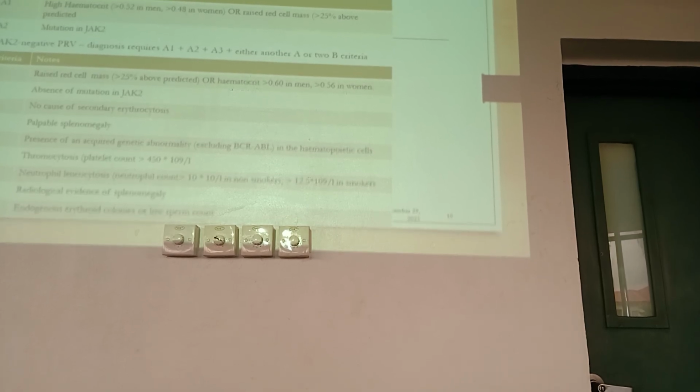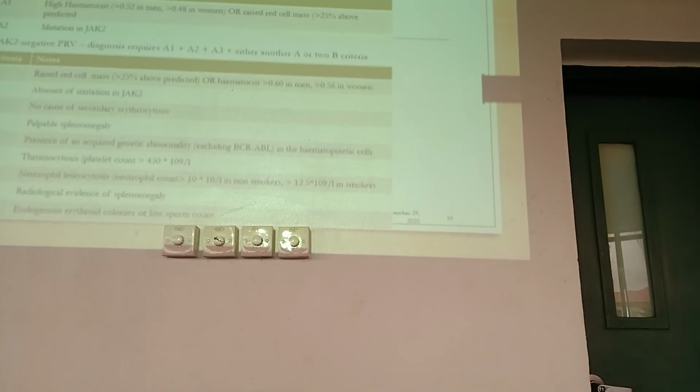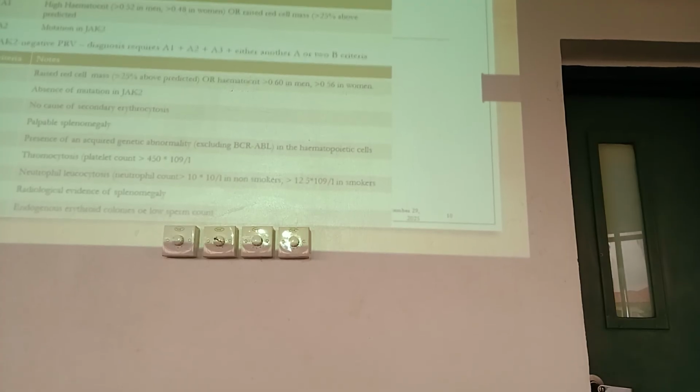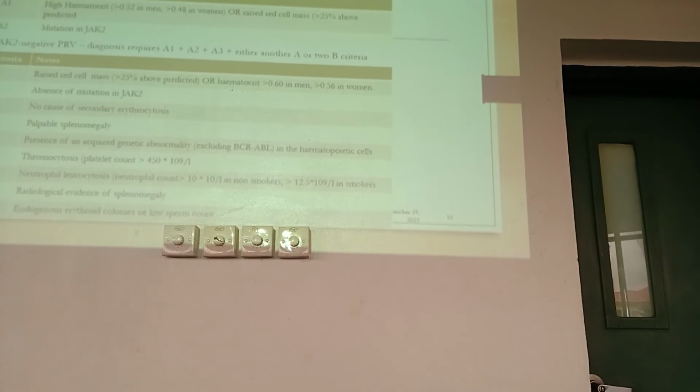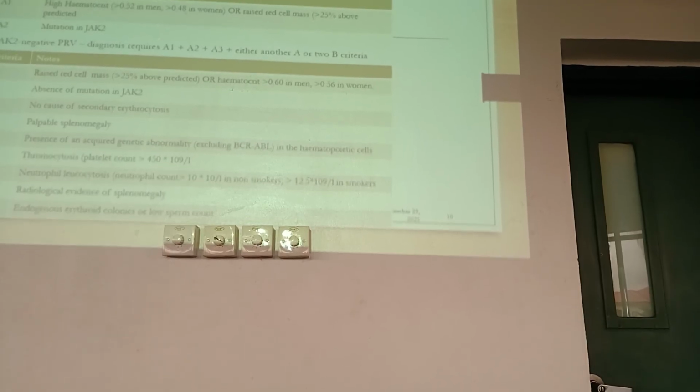A1 is that the PCV is more than 60% in males, 56% in females. A2, JAK2 is negative, and A3, no cause of secondary polycythemia.